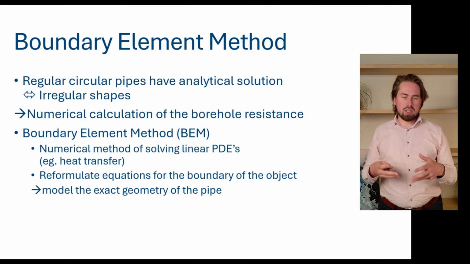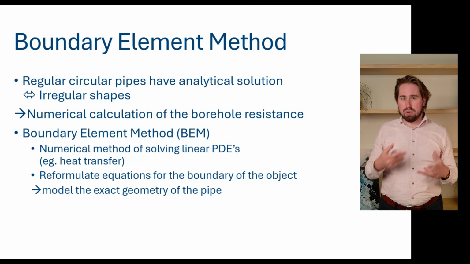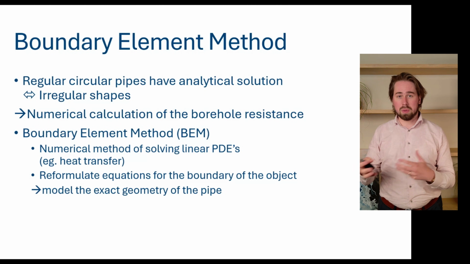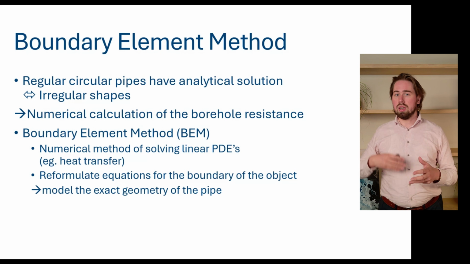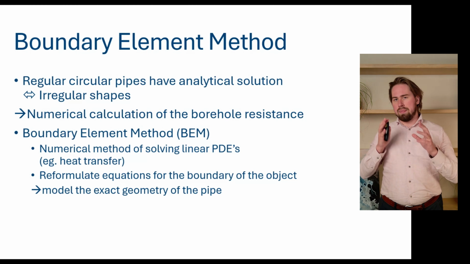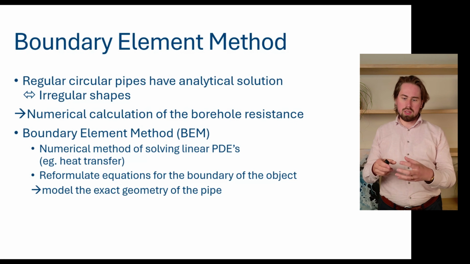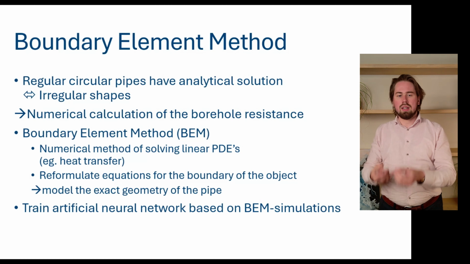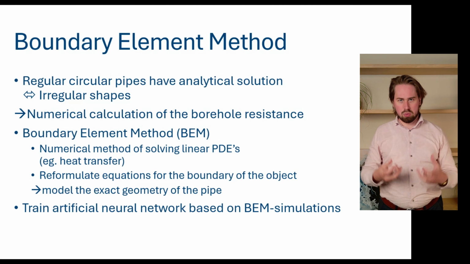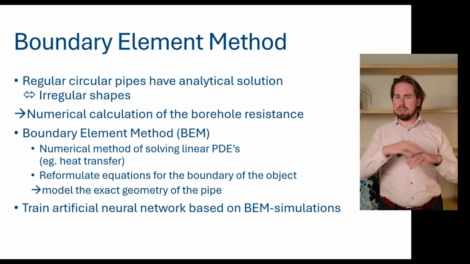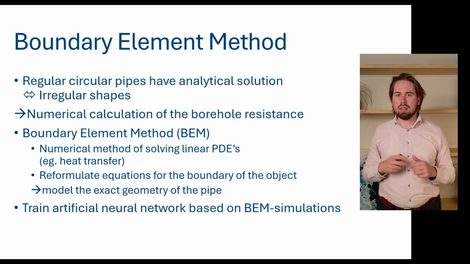Now, as you can imagine, this boundary element method is not really fast. In GHEtool, we need quite a lot of borehole resistances when we do a simulation because we have variable fluid properties, flow rate, etc. We already discussed that. And therefore, what we do is we use this physical model, this boundary element method, and we train an artificial neural network with that. Now, artificial neural networks are part of the big AI terminology.